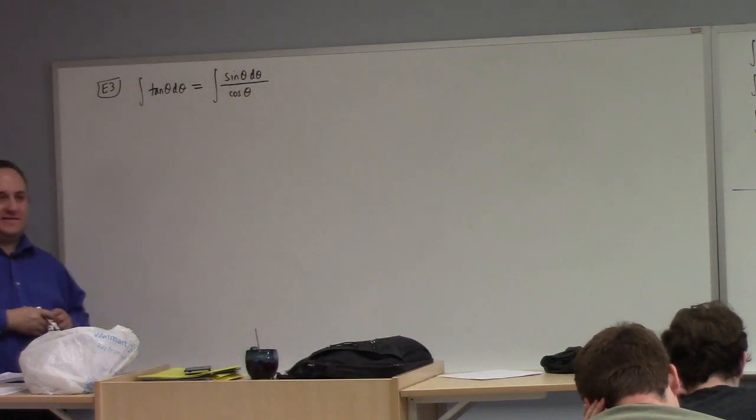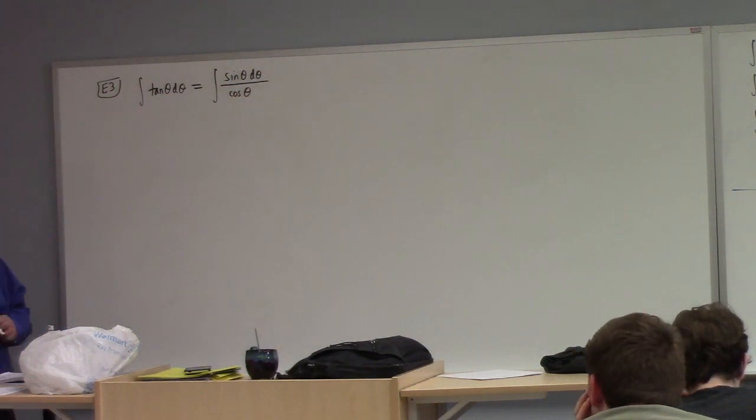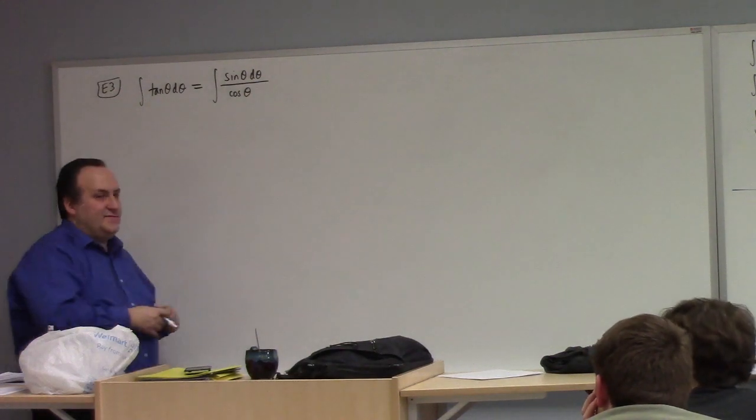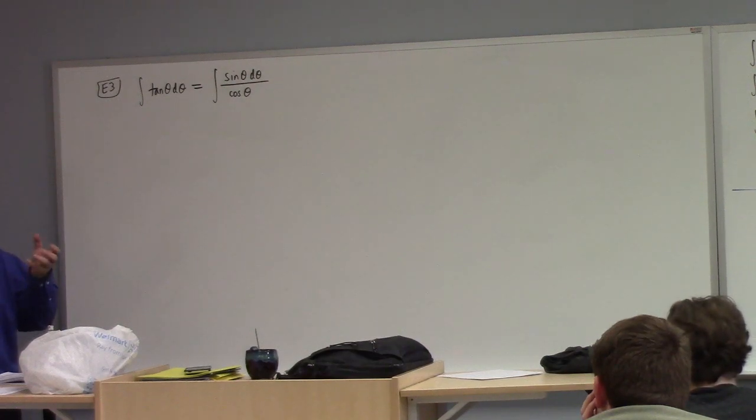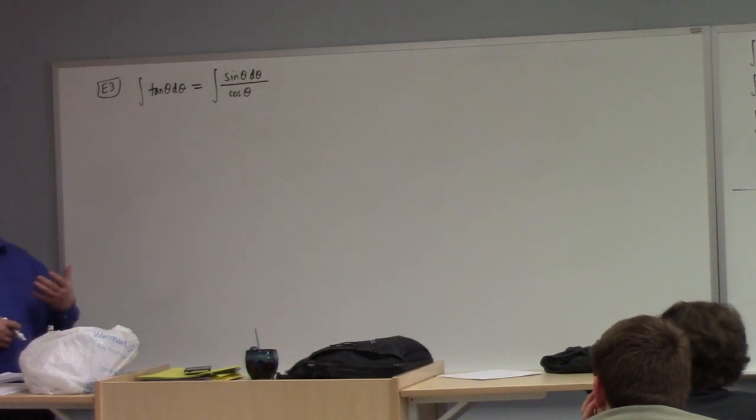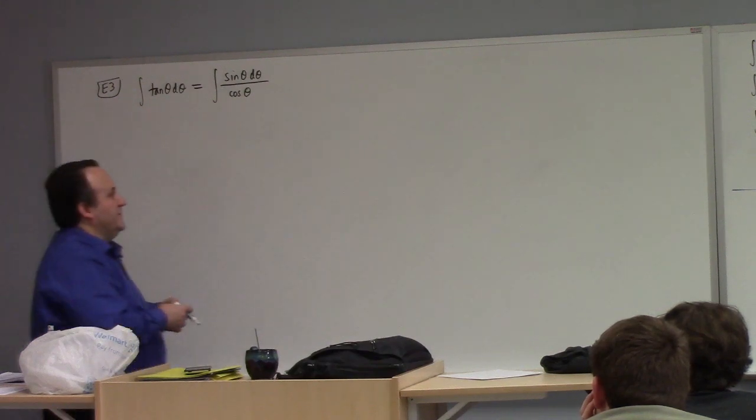So this is a good place for me to introduce the other idea, which is that we don't have to solve for dx. If you see some particular combination of symbols in the integrand, you can make a substitution for all of those symbols. You don't have to always solve for dx, or in this case d theta. Let me show you what I mean.